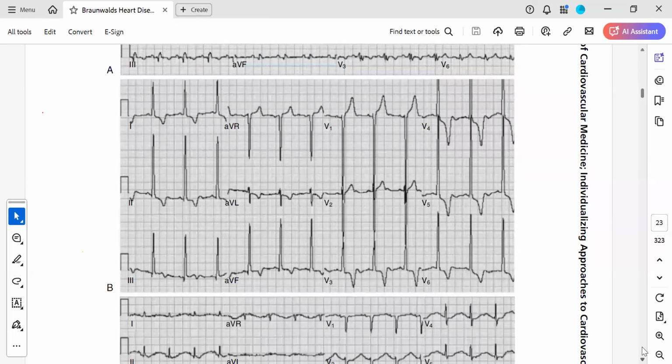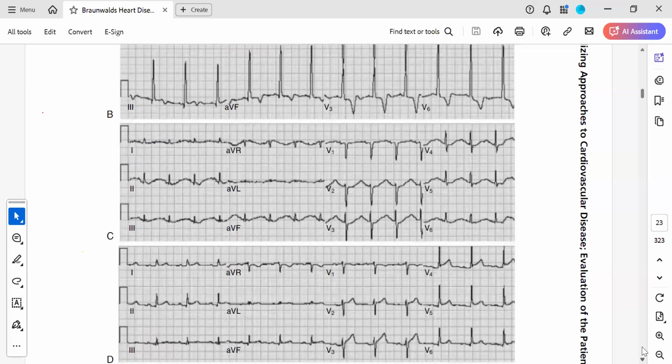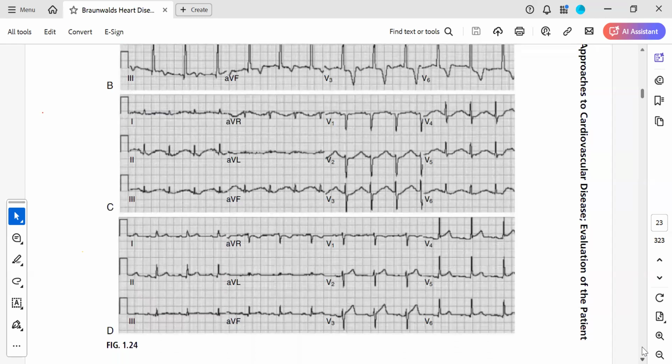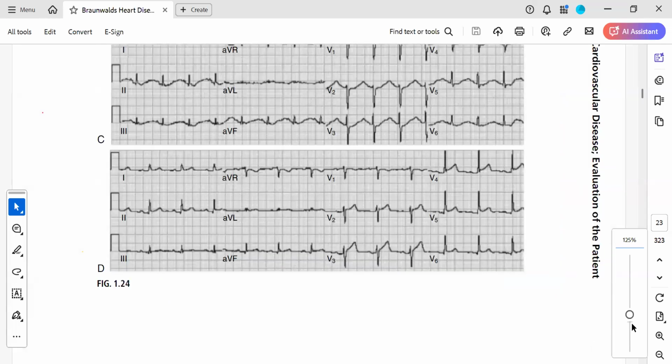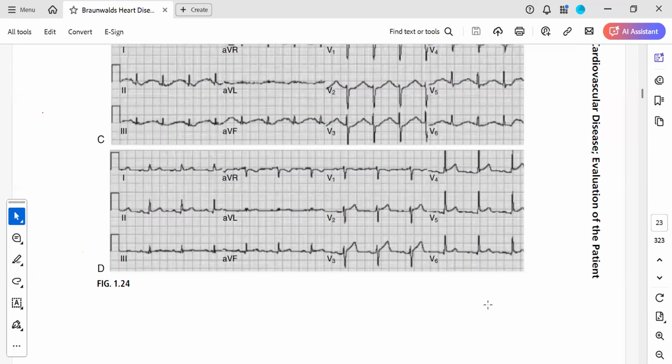So we have ECG tracing C. Let me do D and come back to C. So ECG tracing D is also sinus, but you find that there seems to be diffuse ST segment elevation with some subtle PR depression.